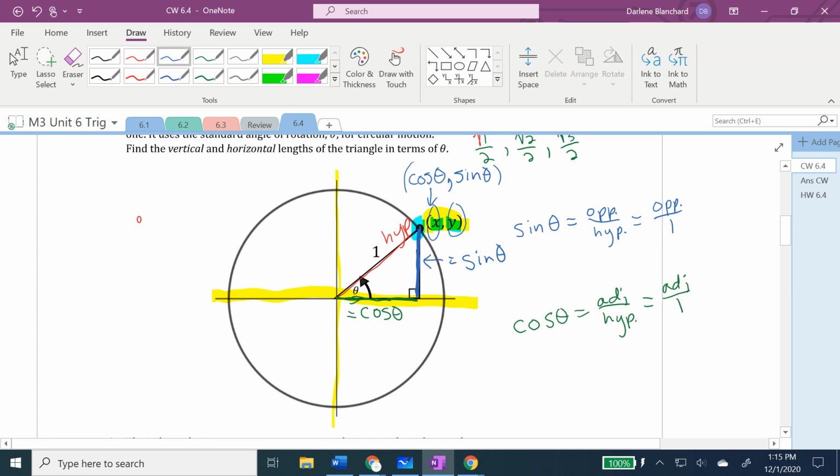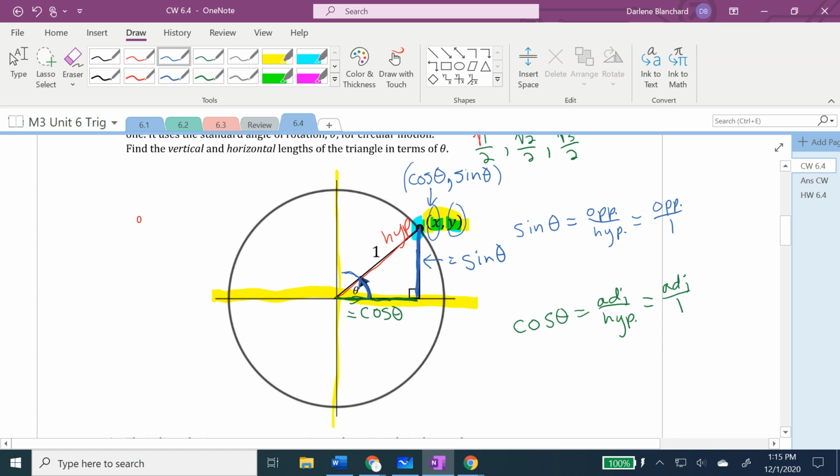And we can go beyond the right triangle. The right triangle only gets to deal with angles between 0 and 90 degrees. The right triangle kicks it off, but the circle creates the symmetry.